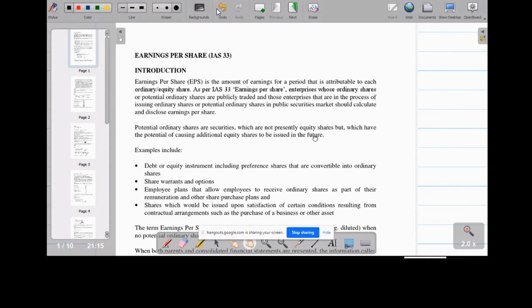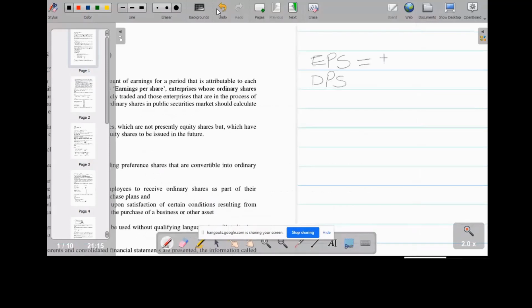That is where people confuse two items: the earning per share and the dividend per share.